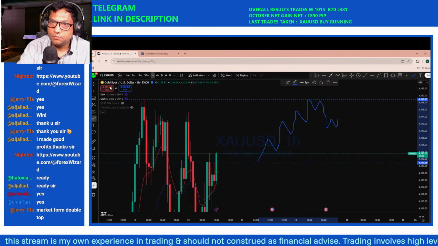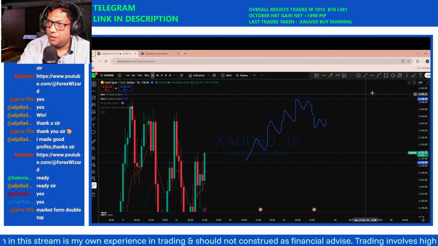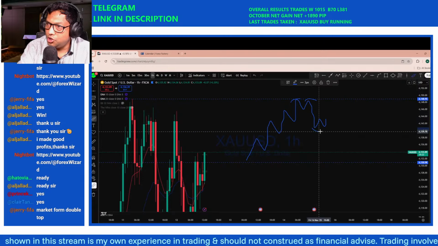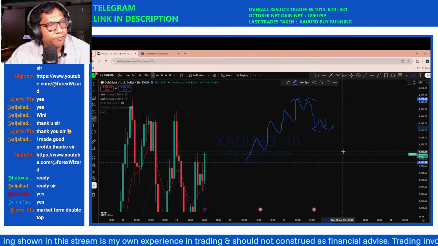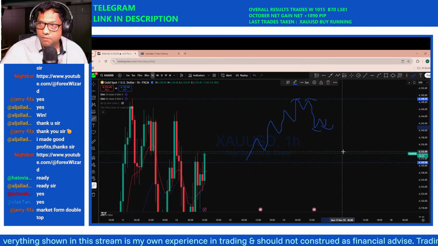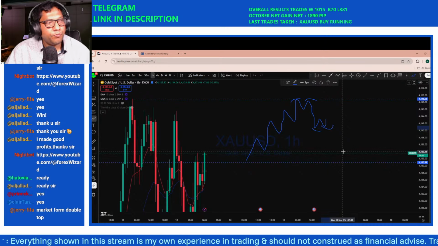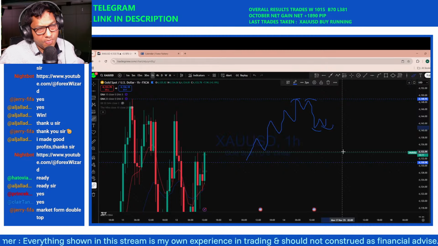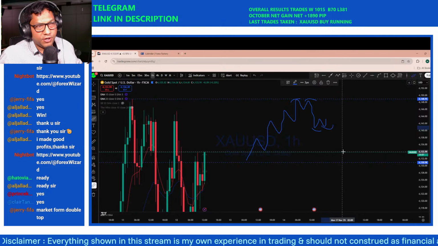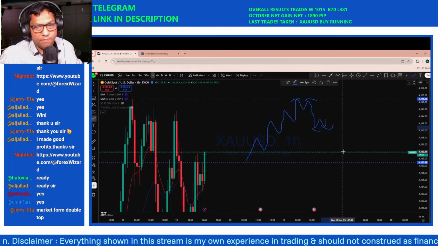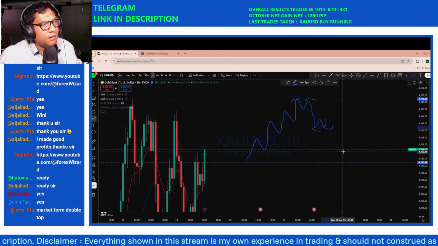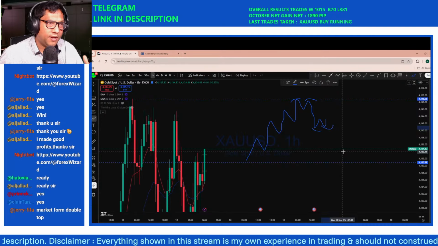Now, there's a double top, there's a double bottom. Two choices you have: either to trade this double top or trade this double bottom. Which one are you going to trade? Which one are you going to choose and why? Two things.